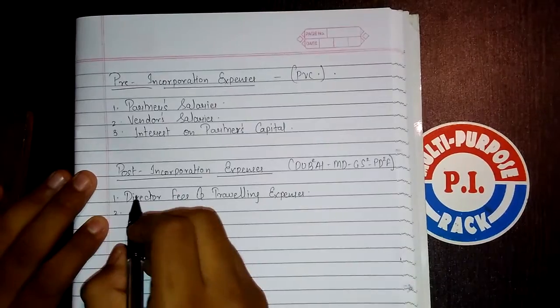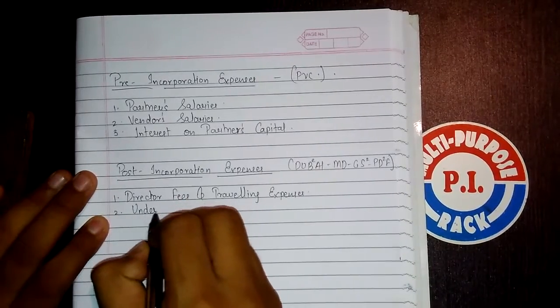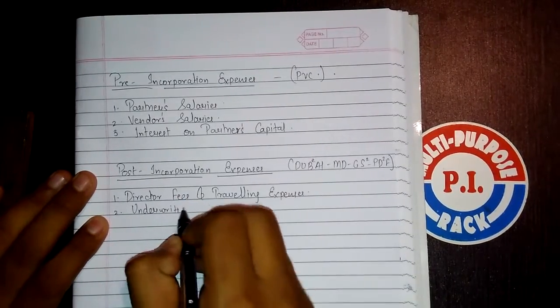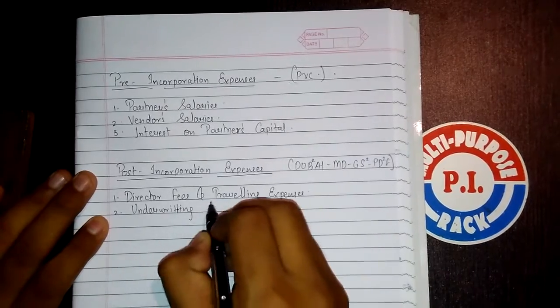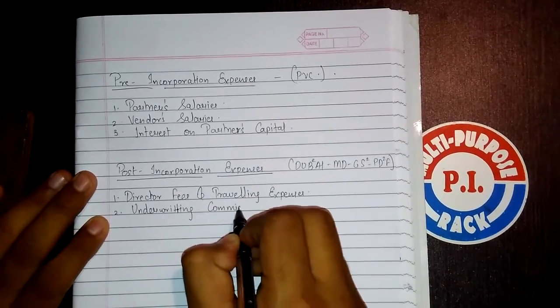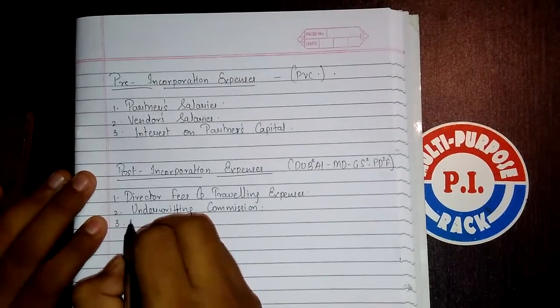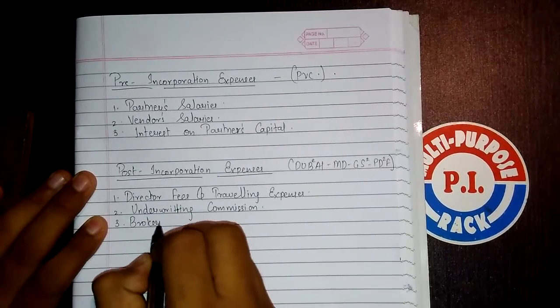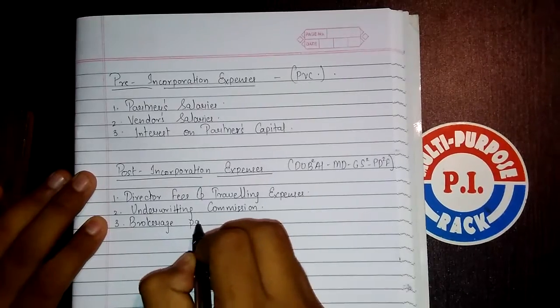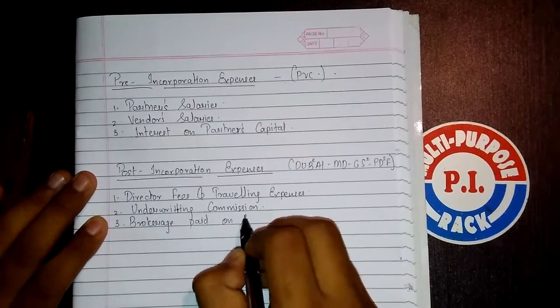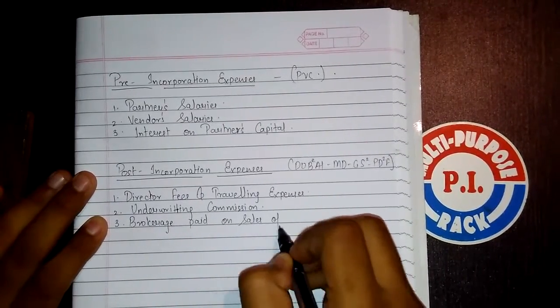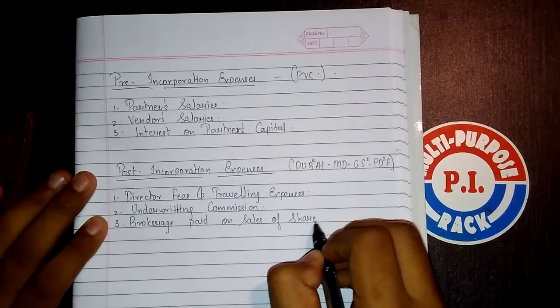Second is underwriting commission. Third is brokerage paid on sales of shares and debentures.